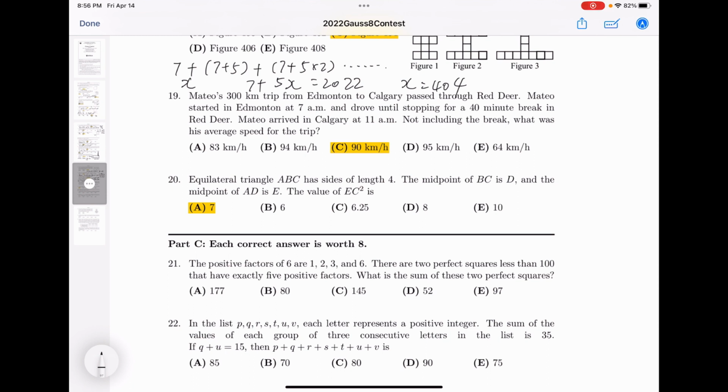Right. So if we do not include the 40 minute break, Matthew drives for 11 minus 7, which is 4 hours. 4 hours minus 40 over 60 hours, which would give us 4 minus 2 over 3 hours.